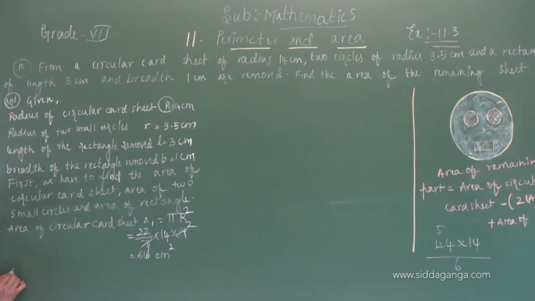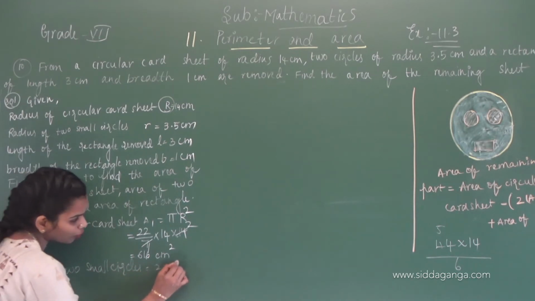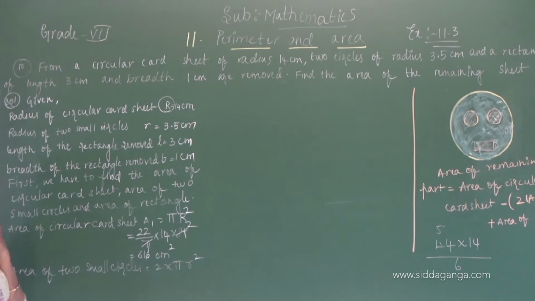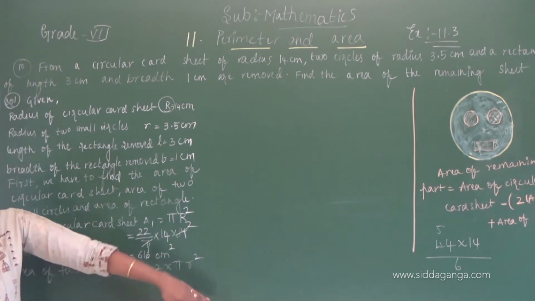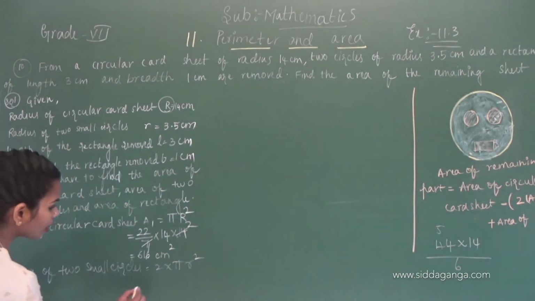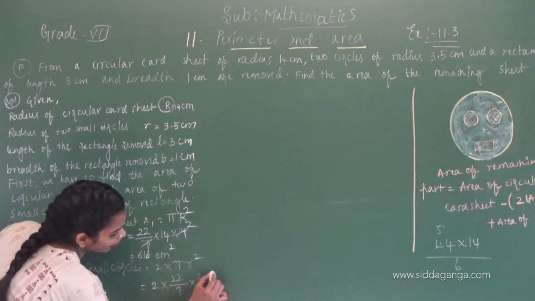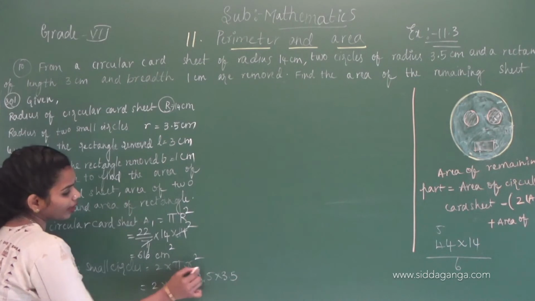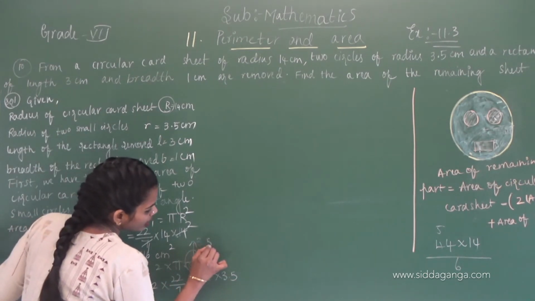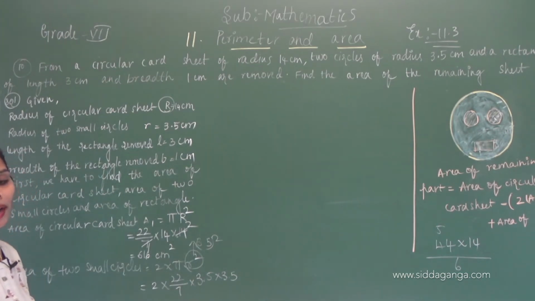And now area of two small circles. 2 into pi r square. Otherwise, area of small circle you can write, and when you are doing the problem here also we can multiply. 2 into pi means 22 by 7 into 3.5 into 3.5, because r square will come as 3.5 whole square.